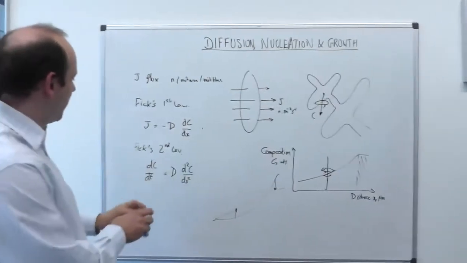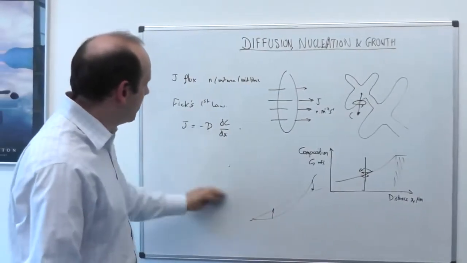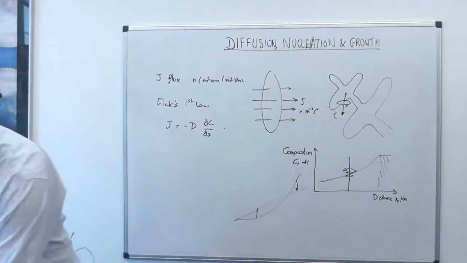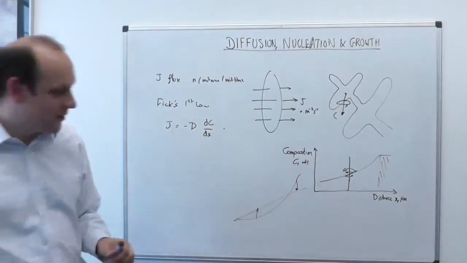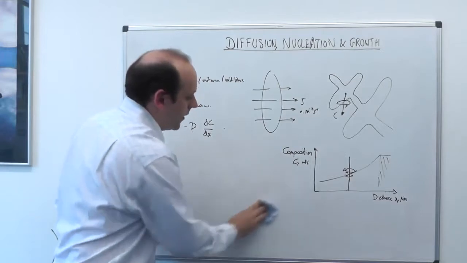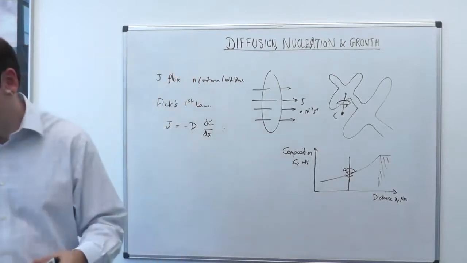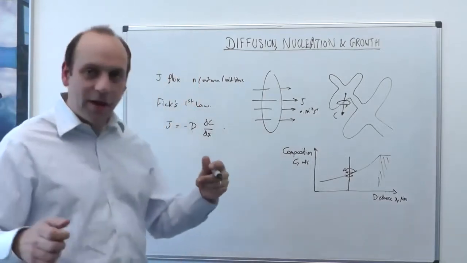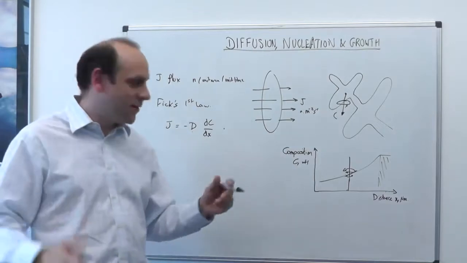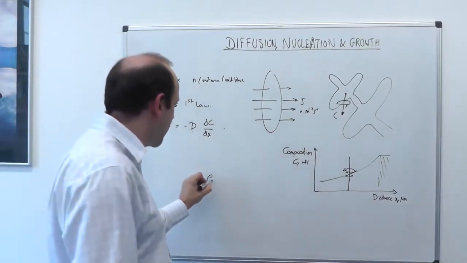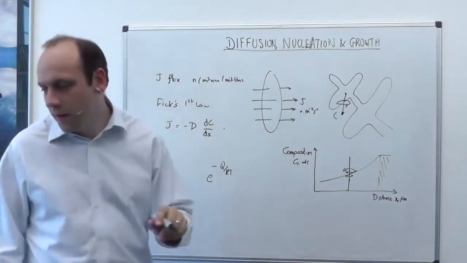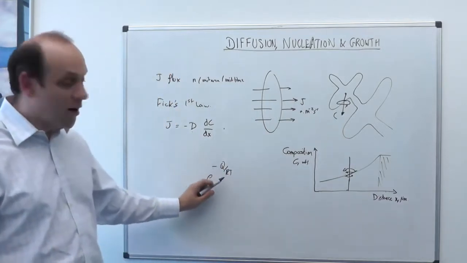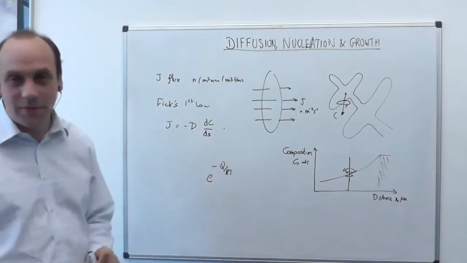Now, from our atomic view, if diffusion is due to atomic jumps, then we can say that the atomic jumps are an Arrhenius effect, something that's proportional to e to the minus Q over RT, where Q is an activation energy, R is the gas constant, and T is temperature.